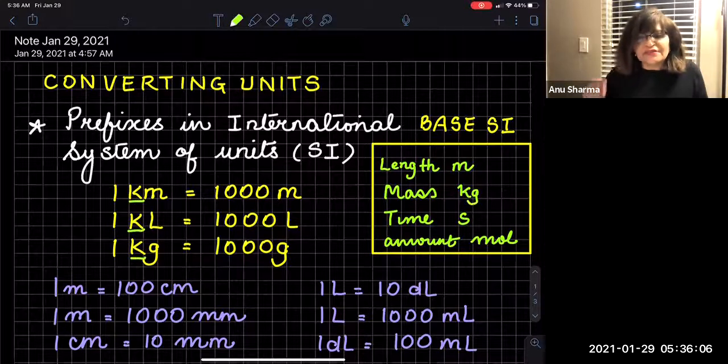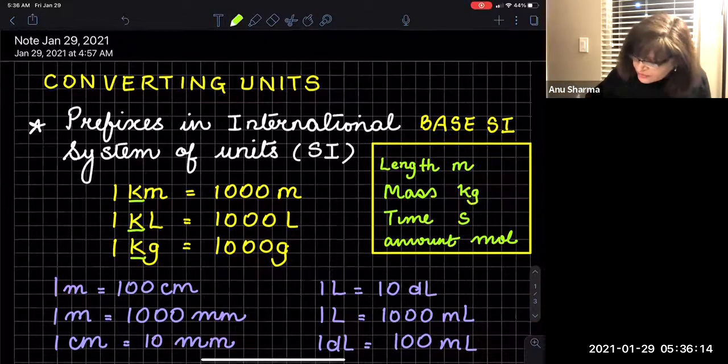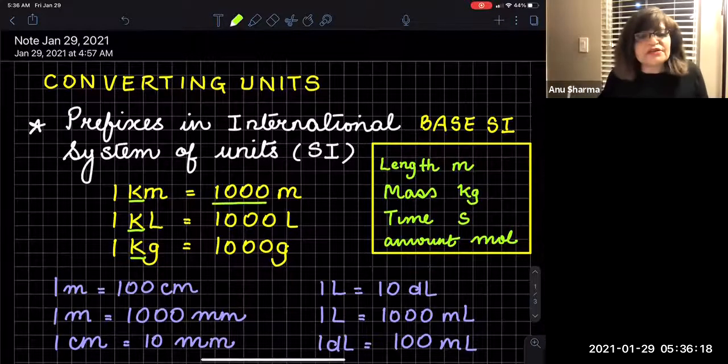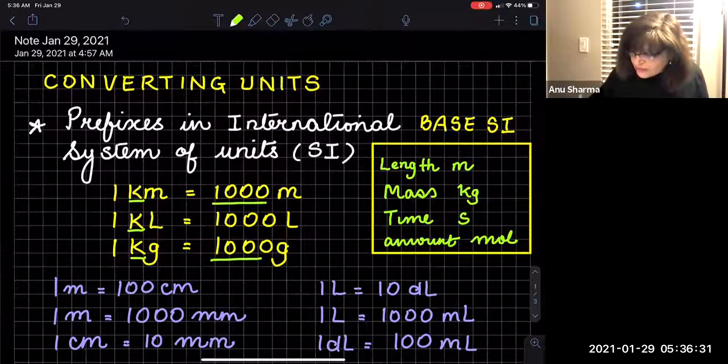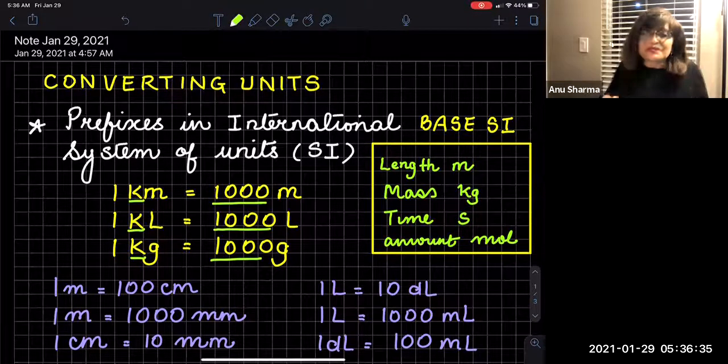Now 1 kilometer, kilo means 1,000. That is why you see that 1 kilometer is 1,000 meters, and meter is our base unit. In kilograms, 1 kilogram is 1,000 grams. And 1 kiloliter is 1,000 liters. So anytime you have kilo, 1,000 is involved.